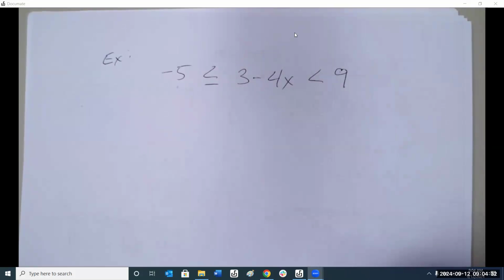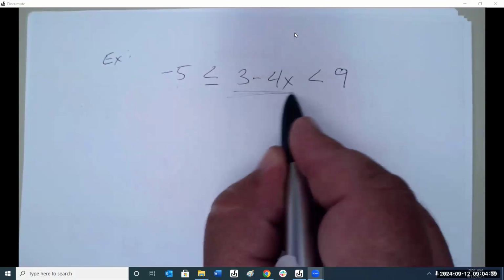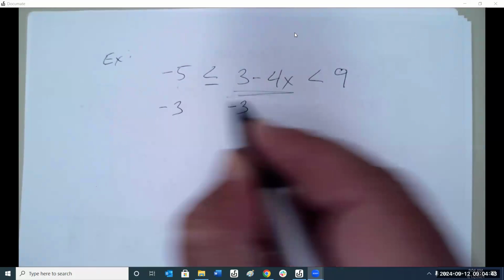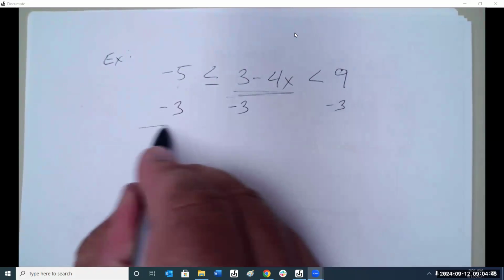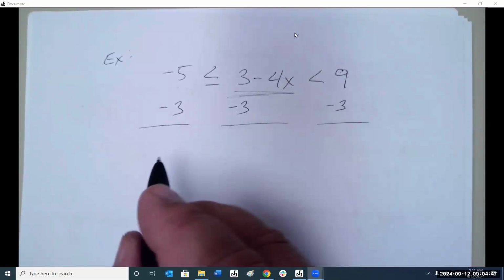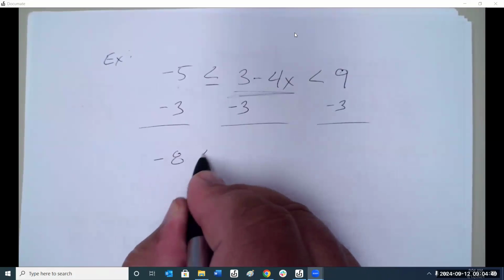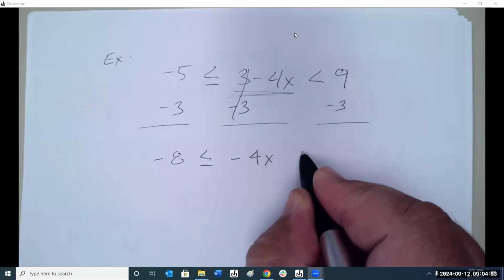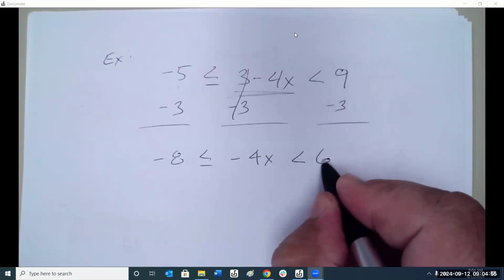So first step is what? Look at the middle part. That's where the x is. So we have to get rid of the 3. So we subtract 3 from everybody. We have -8 is less than or equal to -4x. 9 minus 3 is 6.